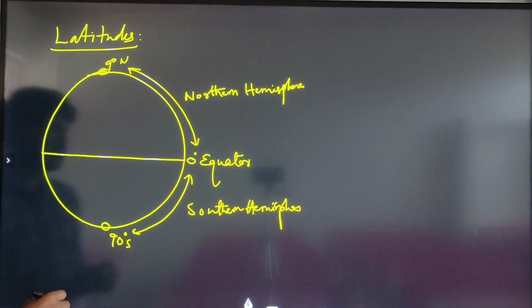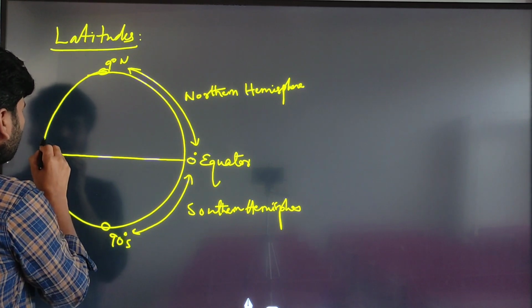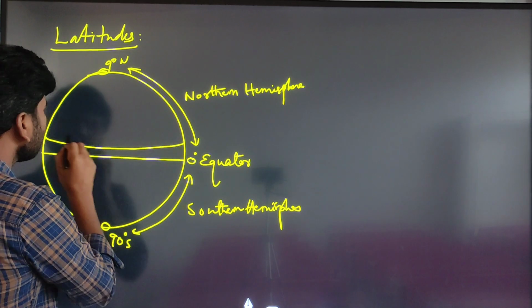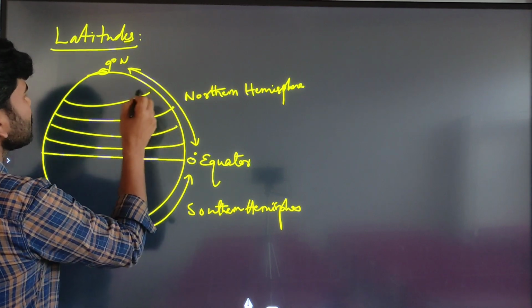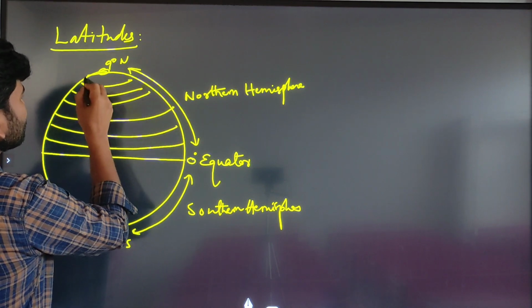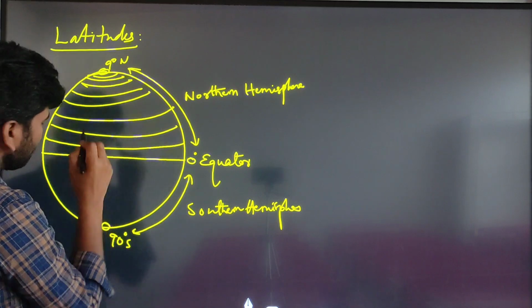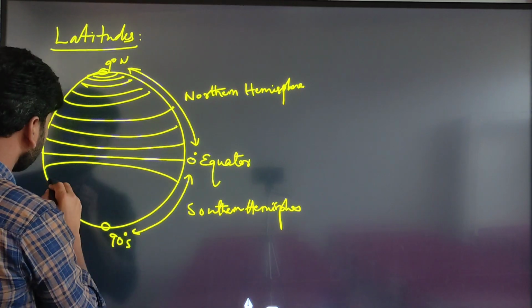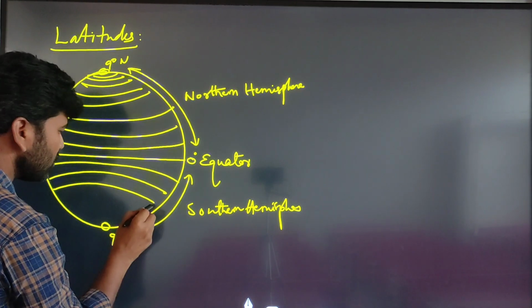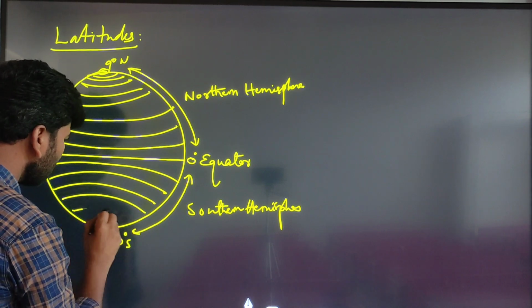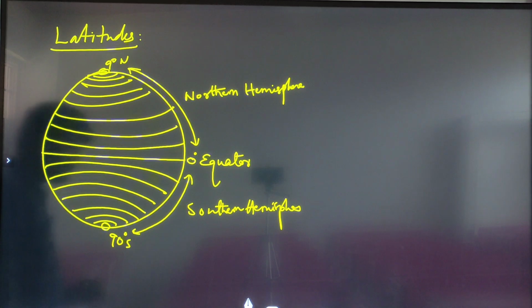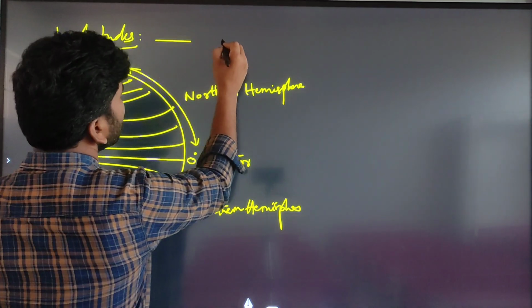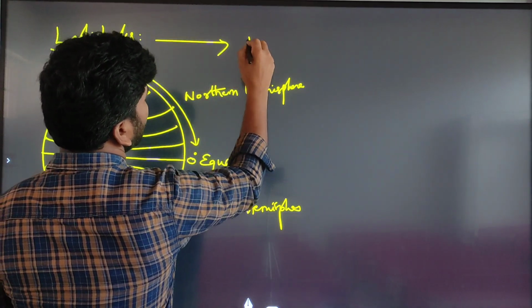Right? So around the earth there are n number of circles. These are called latitudes. These circles are parallel to each other, so the latitudes are also called parallel lines.